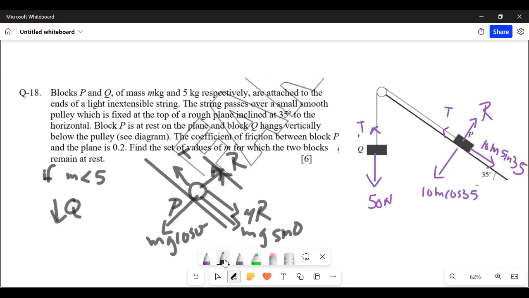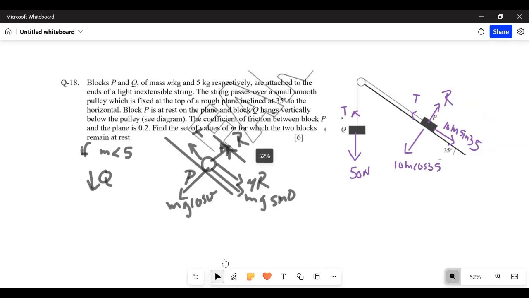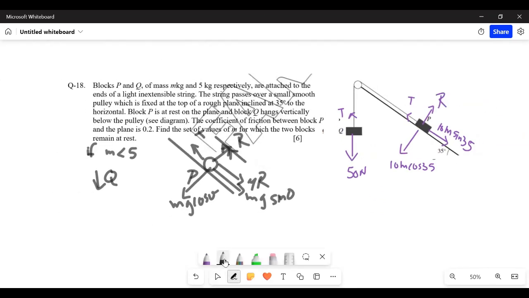Now let's keep the objects at rest and find the equations acting on both the blocks. At Q, if it stays at rest, then T should be equal to 50 newtons. Upward force should be equal to downward force.